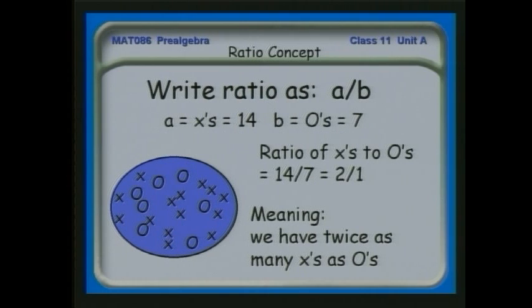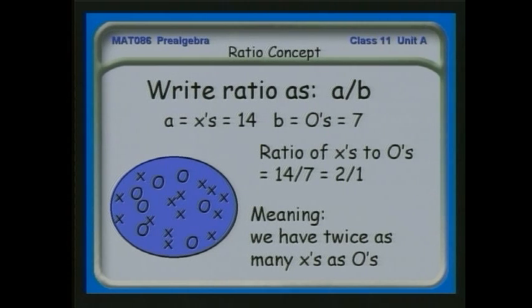We can look here at a particular example. There's an oval, and inside that oval we have more or less randomly scattered X's and O's. When we count these, we find we have 14 X's and 7 O's. We can say that the ratio of X's to O's can be written as 14 over 7.